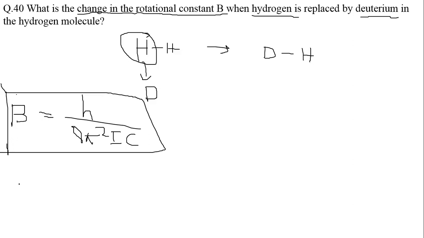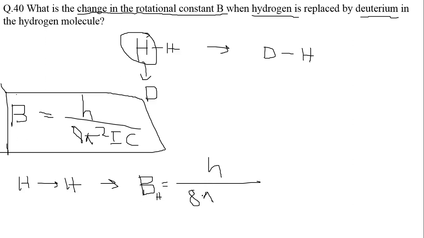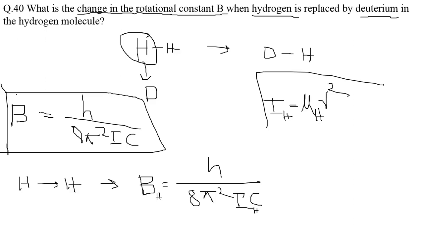If you consider hydrogen, the rotational constant BH will be h divided by 8 pi squared IH c, where IH equals mu H r squared, because I is the moment of inertia equal to mu r squared, where mu is the reduced mass and r is the bond length, or distance of separation between the two atoms in a molecule.